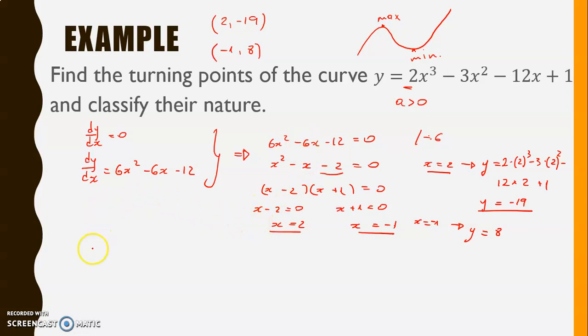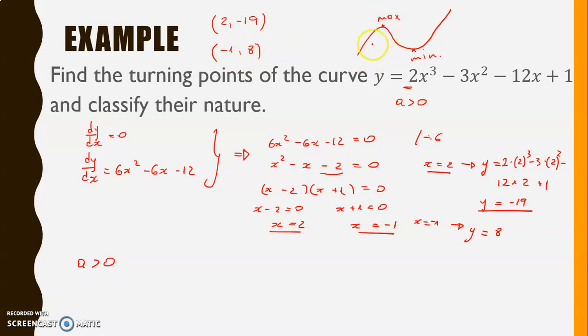Now, by inspection, since we know this is the graph it produces, we can assume that since a is greater than 0, the point with the smallest x coordinate, which in this case is minus 1, will be this point here.